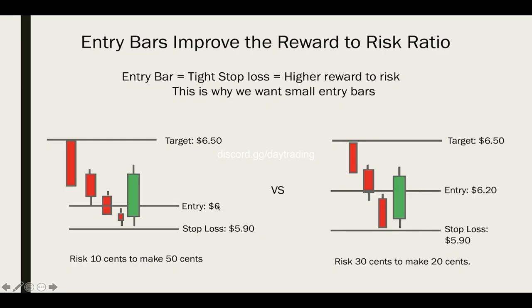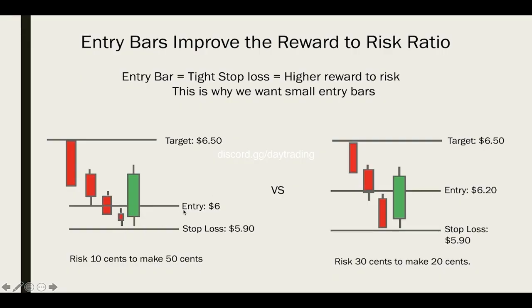So we're risking in this scenario 10 cents to make 50 cents, because our target is at $6.50 and our entry is at $6. In this scenario, we're risking 30 cents to make 30 cents. I don't know why this says 20. It should say 30.